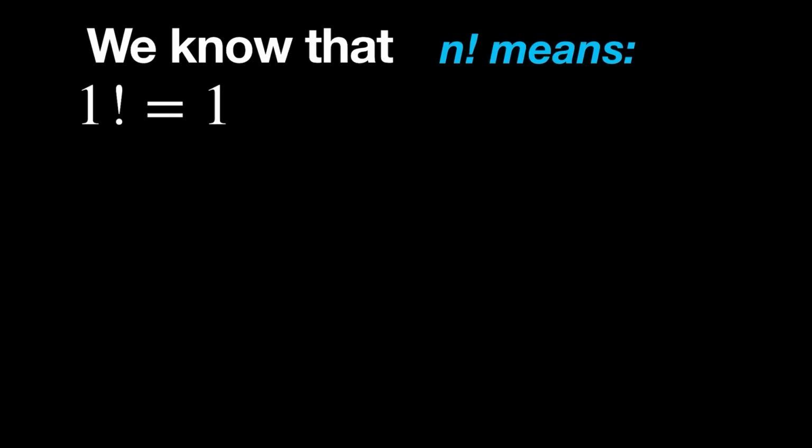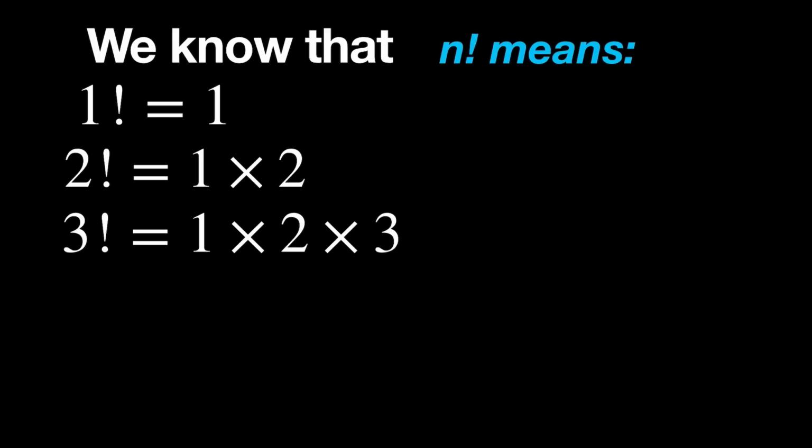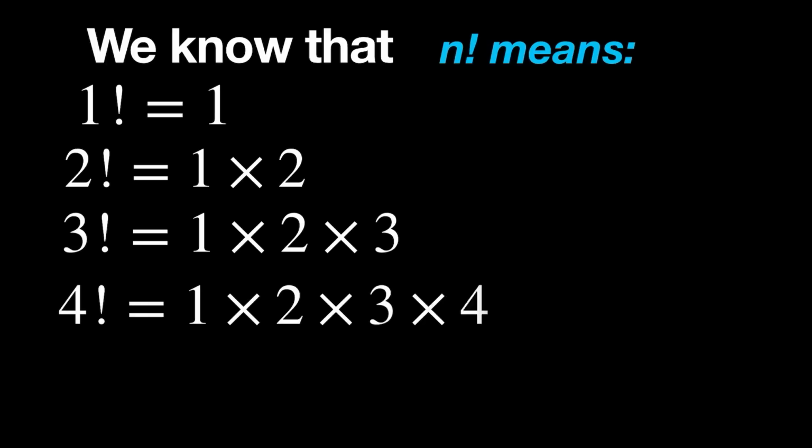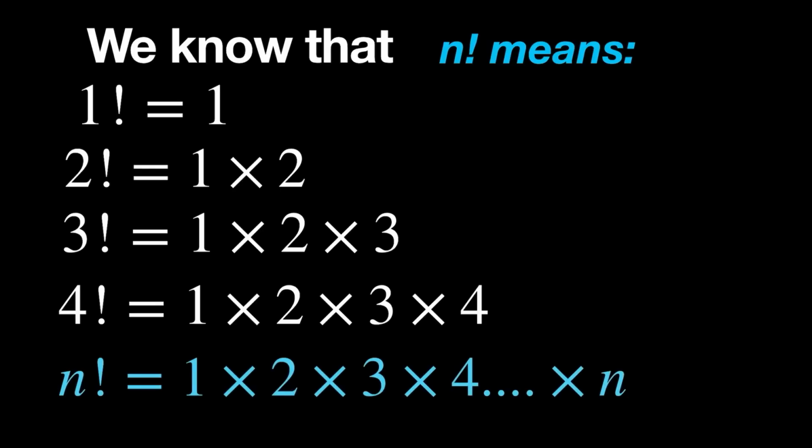We know 1 factorial is 1, 2 factorial is 1 into 2, 3 factorial is 1 into 2 into 3, 4 factorial is 1 into 2 into 3 into 4, and in this way n factorial is 1 into 2 into 3 into 4 up to n.